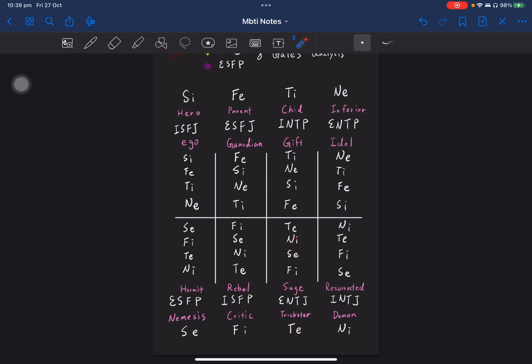So that's why it is also the sage function, because if you recover something that you didn't know existed before, you automatically become wiser than who you were before, and a much more complete person, because now you have recovered your eighth function. It's seventh, but it is like the eighth because you don't know that it exists. So yeah.